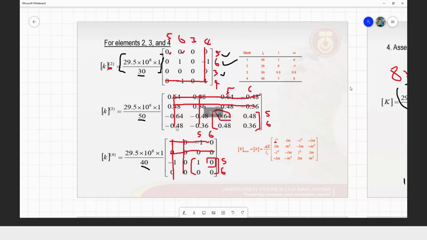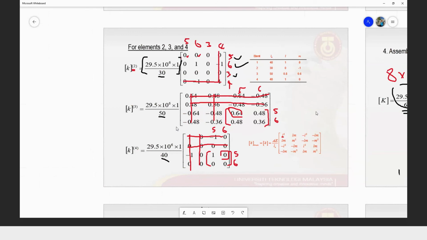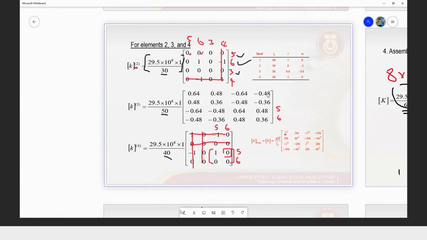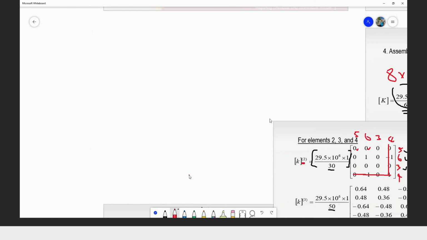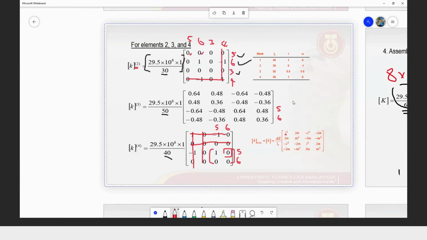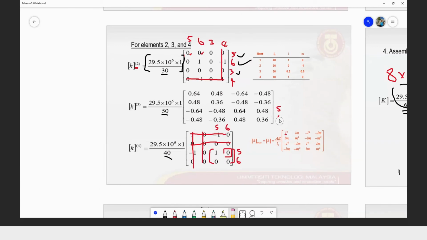Okay, let's say saya nak nampak matrix yang mana? Atau pakai 0.64 tu ke K3 tu? Ini K3. Okey, saya padam dulu. Okey, untuk kita punya elemen nombor 3 ni, let's say saya abaikan dulu dia punya number kat dekat ni pun boleh.